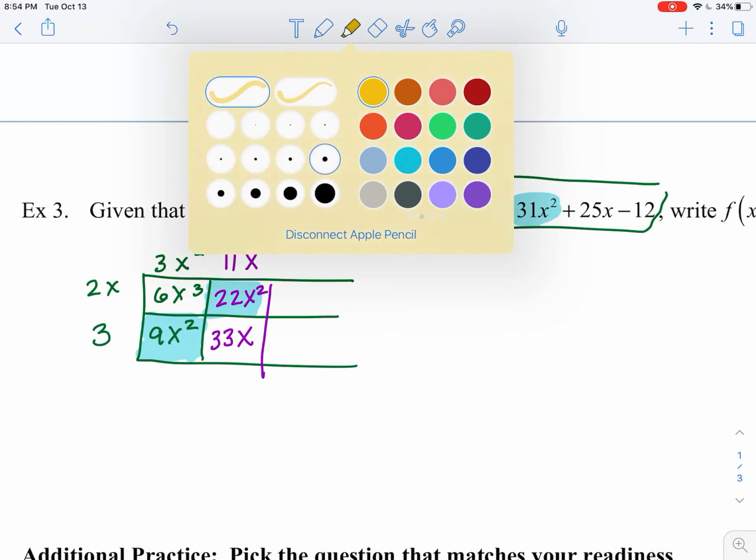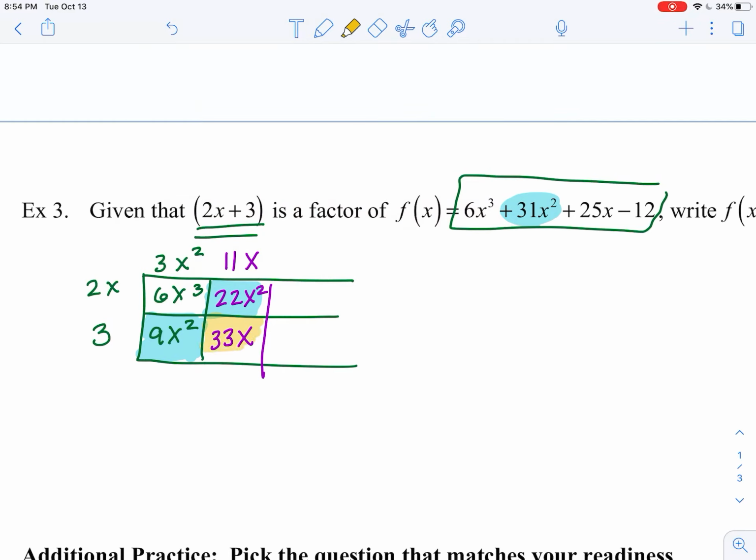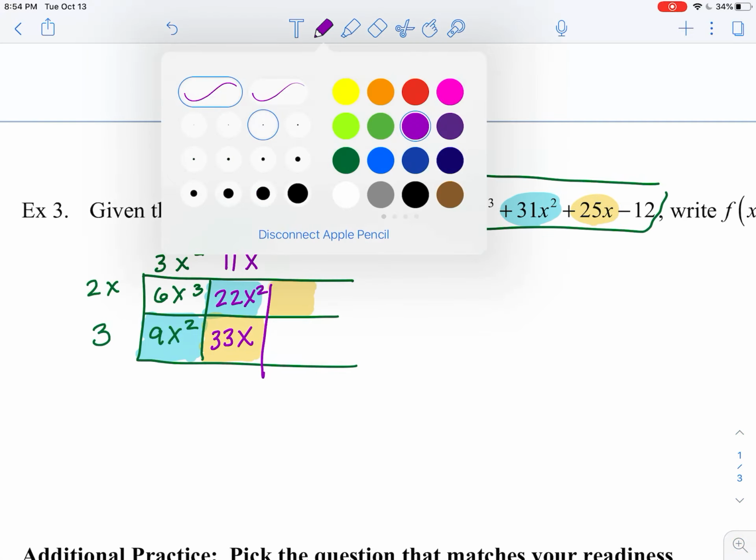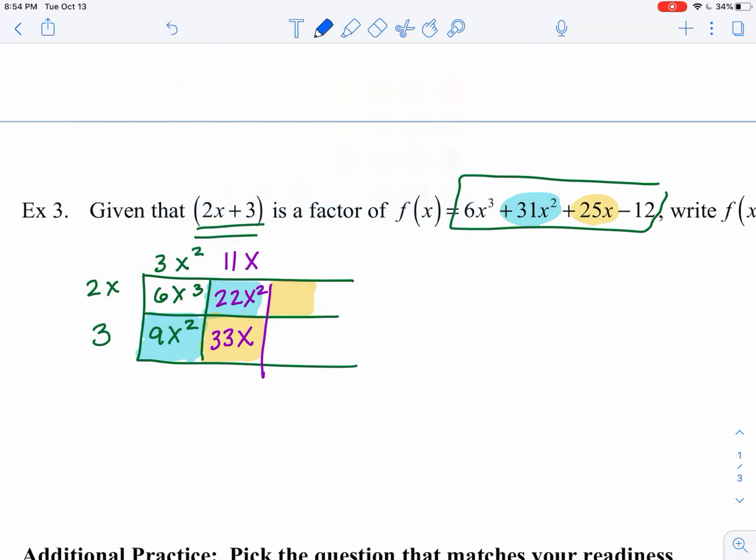Now thinking about that 33x, remember it's going to combine with its like terms to give us 25x. So what has to go in this next spot? If I'm thinking about that 33x and I only want 25x, I need to subtract 8x here. Right?